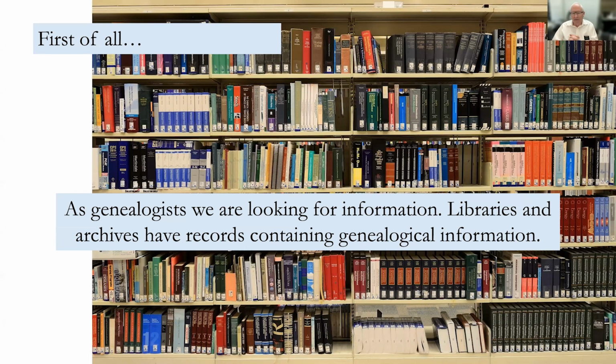There's a mindset that says, if I've looked on FamilySearch and on Ancestry, then I don't know what to do next. Well, the next thing to do is to start learning where all the other records are located, where the rest of the information is available, and begin that process of doing genealogical research.